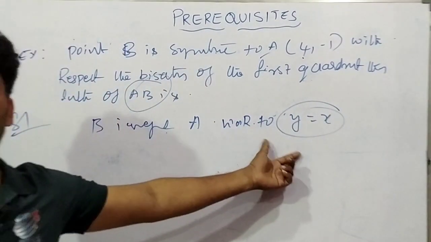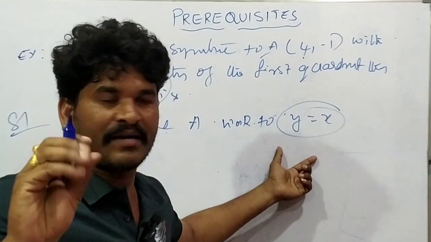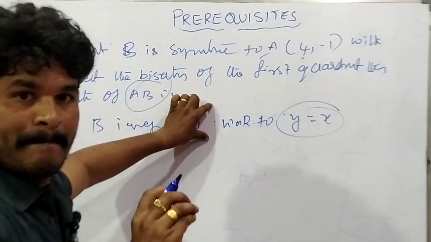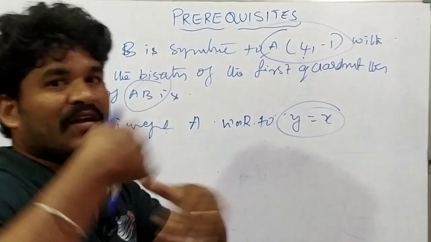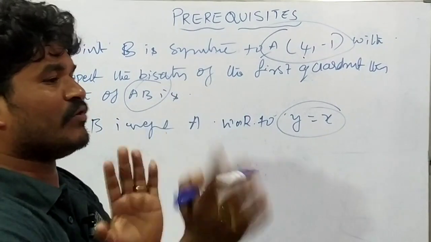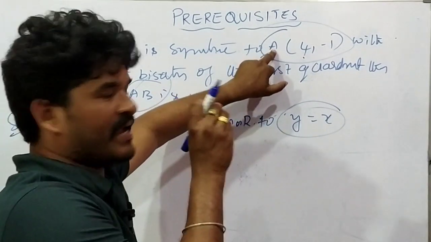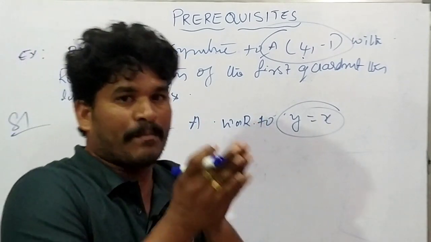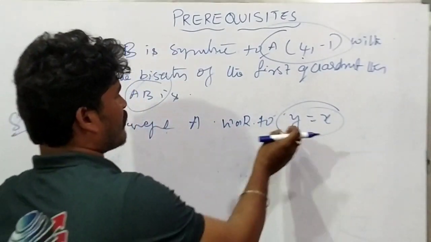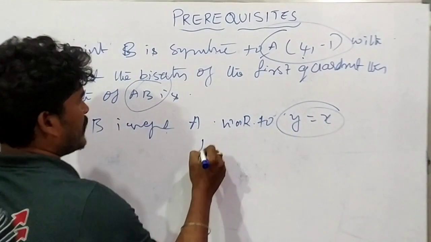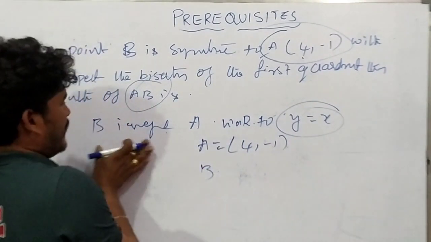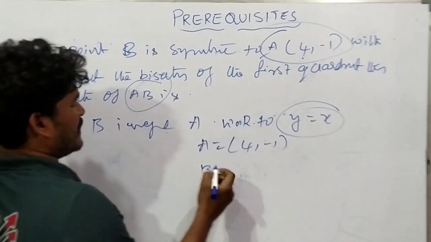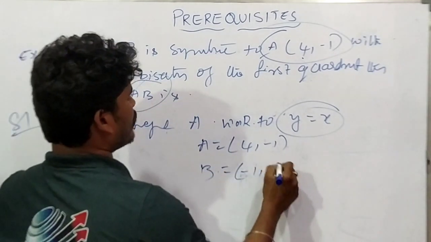Since y equals x, A equals (4, minus 1), and the image B is nothing but (minus 1, 4).